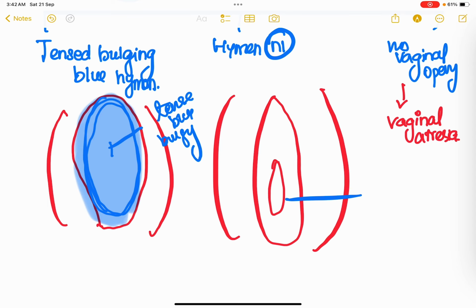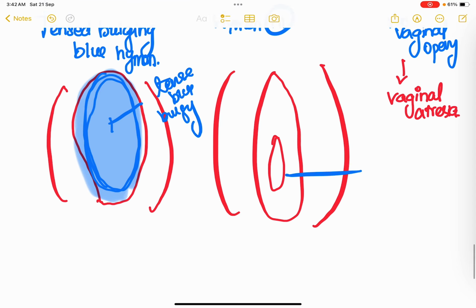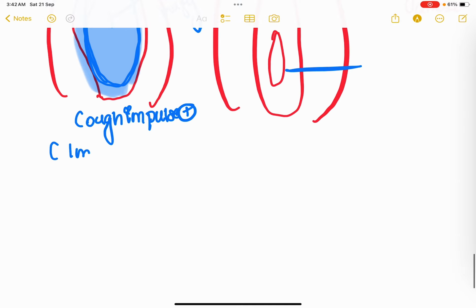So if you see a tense, bulging, blue hymen, you're going to do a cough impulse test. When you ask the patient to cough, if there is a tense, bulging, bluish hymen, then it is definitely a case of imperforate hymen.